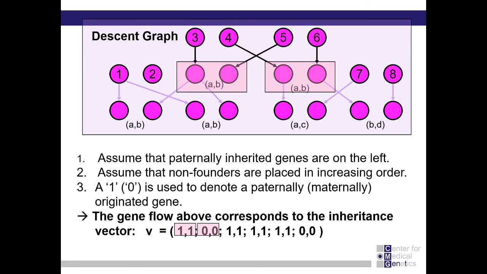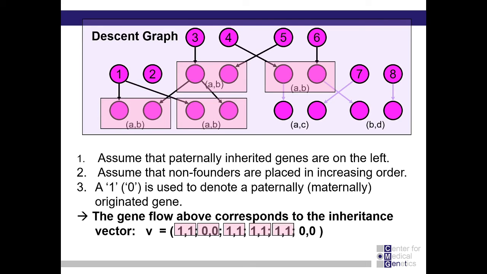The second person gets the allele from 4 and 6, which are both maternal alleles, so maternal 0 0. Next, this person gets the paternal allele. The first one is from 3 and the other from 1. So paternal 1 1.